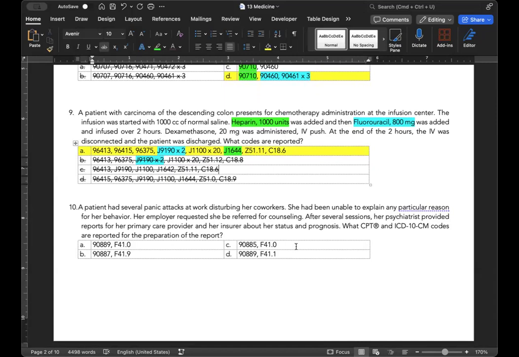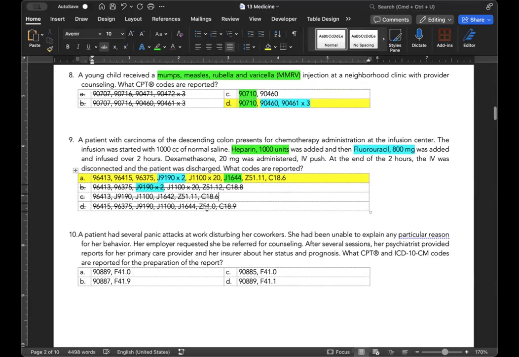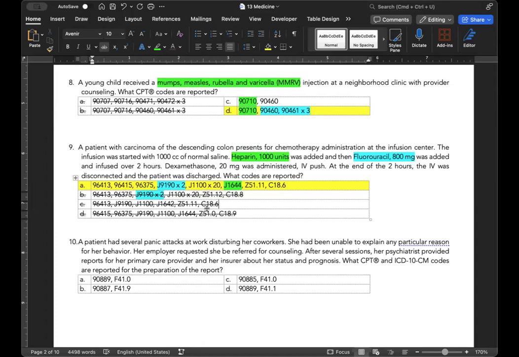Okay, let's do our last one, number 10. So Tiffany, just a quick question. When they mention drug medications, we have to always code those, correct? It's never where we have to eliminate any of those. Am I right? Yep.